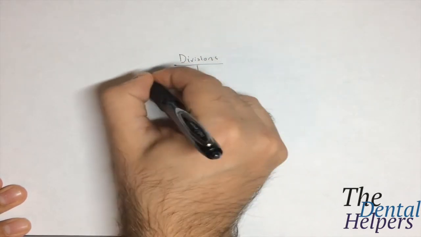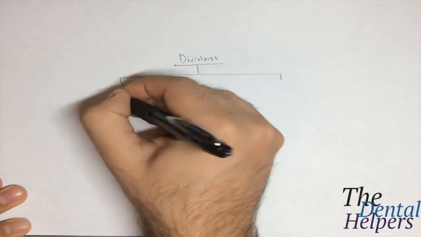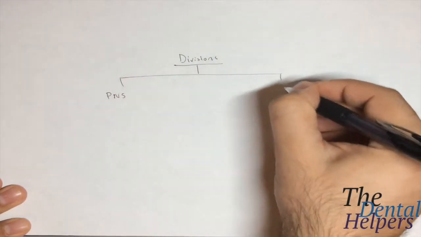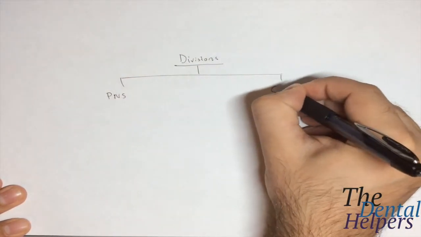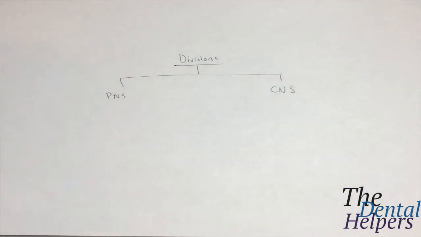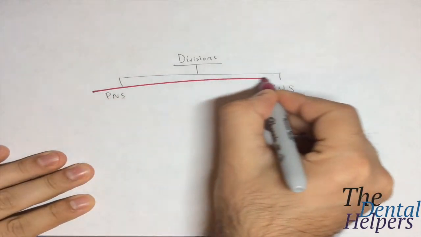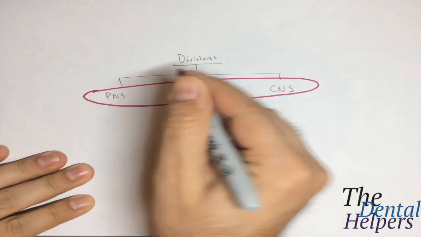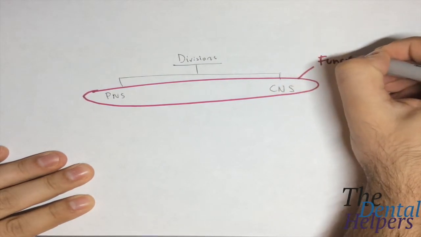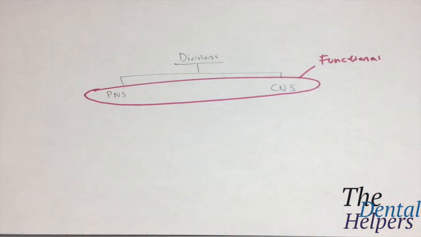So we've got two divisions of the nervous system. The first is the peripheral nervous system, or the PNS, and the second is the CNS, which is the central nervous system. And these both are considered the functional component of the nervous system.